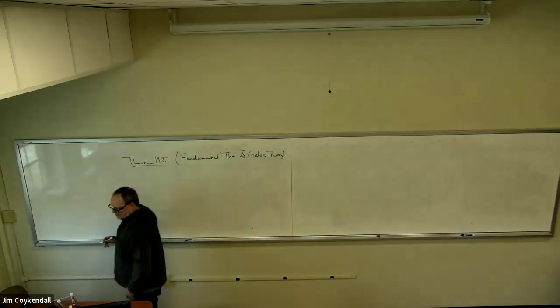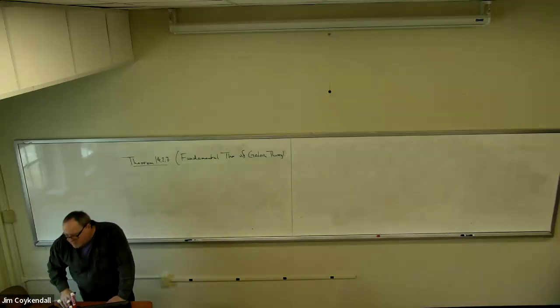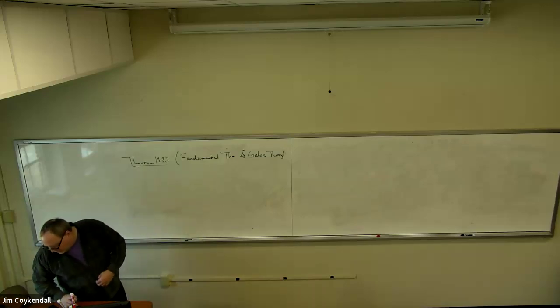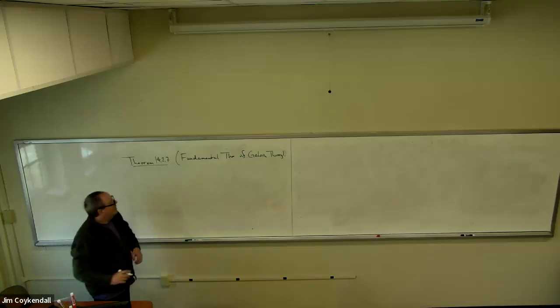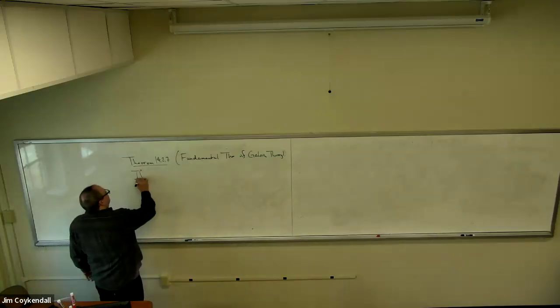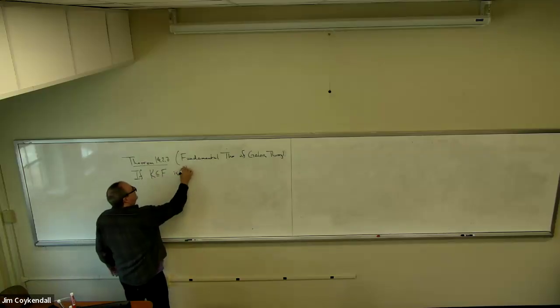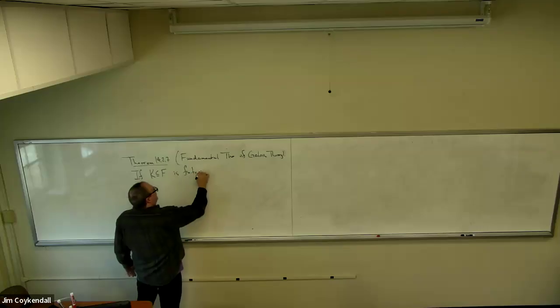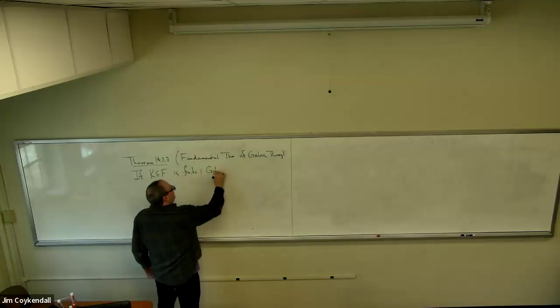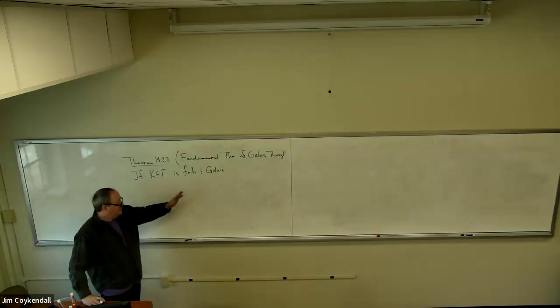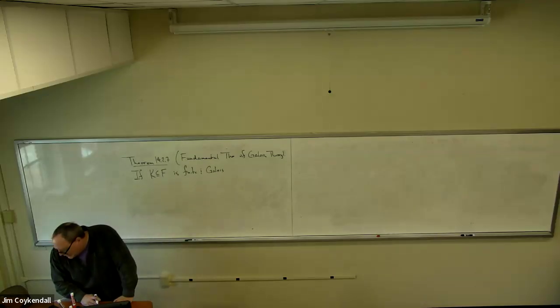Okay, so here's the setup here. By the way, you can see this stated in different ways, and there are different twists on it. Here's the version we're going to go with. If this extension is finite and Galois, so F over K, F is a finite extension and Galois. And let me also point out, just so we're on the same page, since this extension is finite, it has to be algebraic, right?